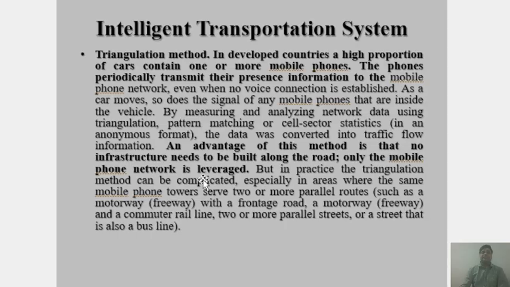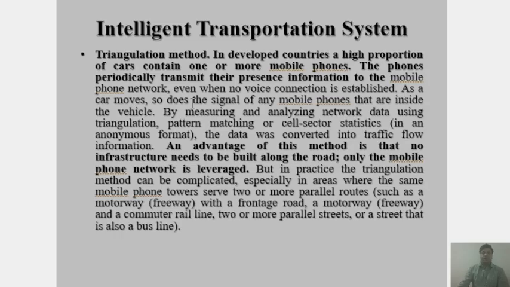In the floating car method, we are using the triangulation method. So what is this triangulation method? In the developed countries, a high proportion of cars contain one or more mobile phones. These transmit information to the mobile network such that no voice connection is established.